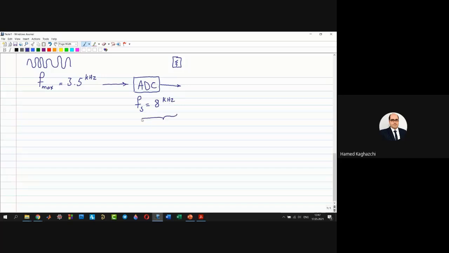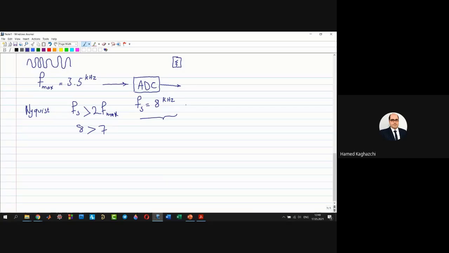Can I sample this signal with this frequency? According to the Nyquist criterion, fs has to be greater than 2 f max. Because 8 kilohertz is greater than 2 times 3.5, that is, 8 is greater than 7, I can do that.